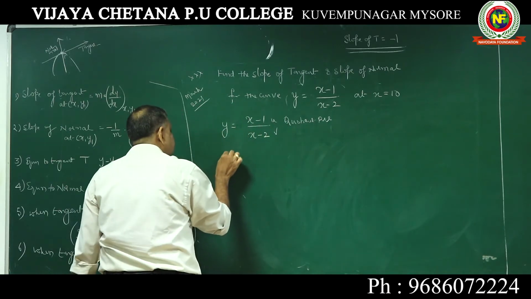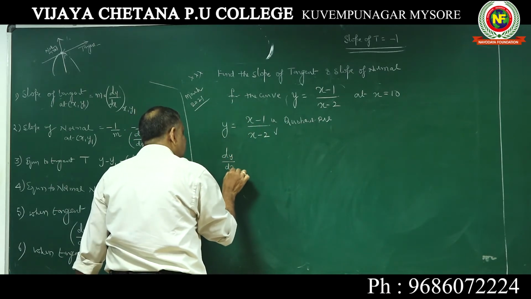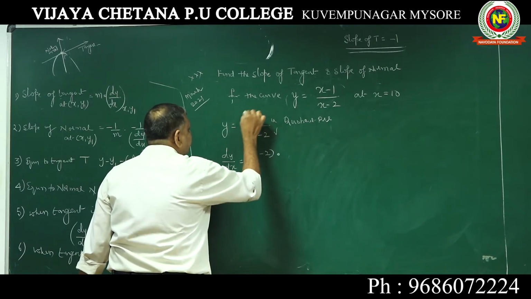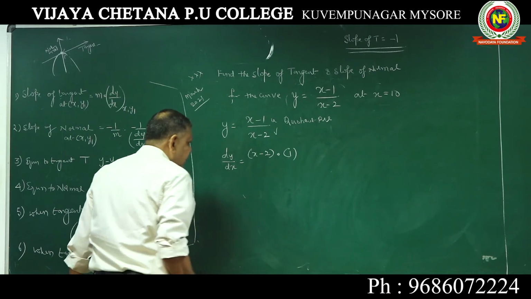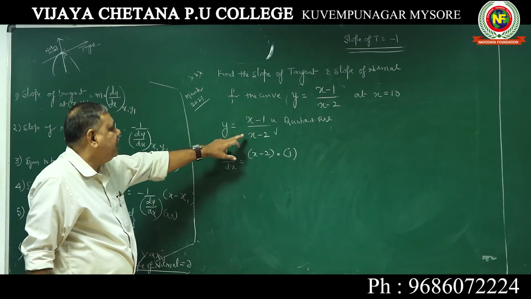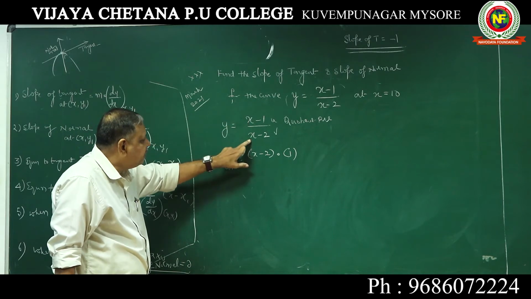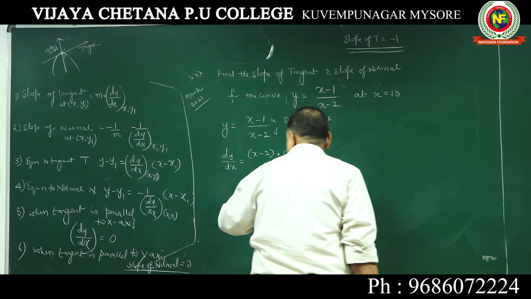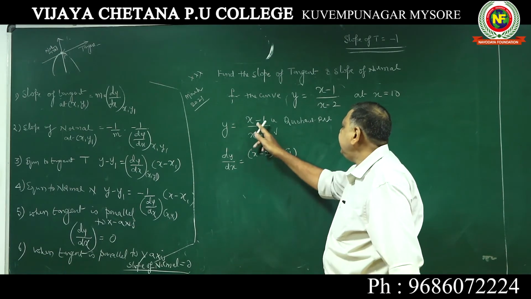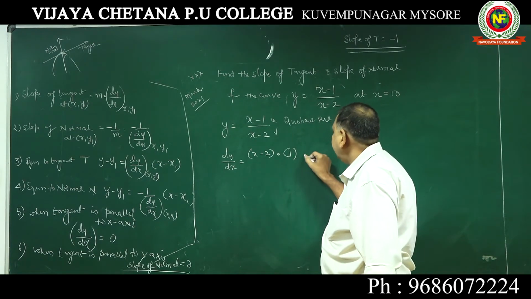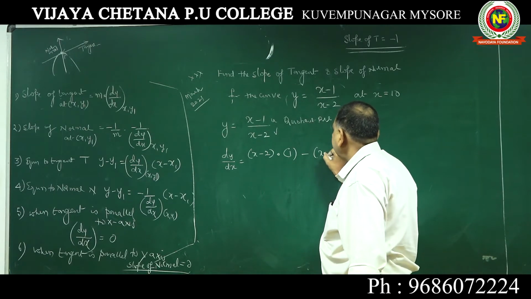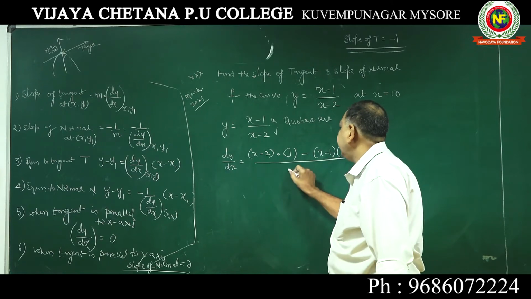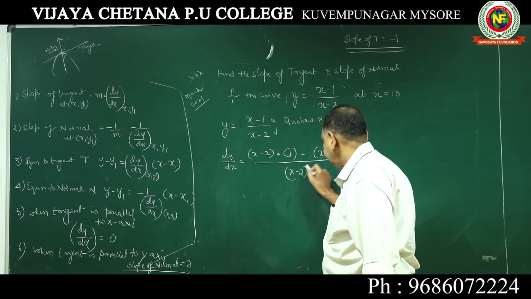When you differentiate this, dy by dx is equal to v, that is x minus 2, into d by dx of x minus 1, that is 1. Here, be careful: v into du by dx minus u into dv by dx, by v square. So v is x minus 2, into d by dx of x minus 1, which is 1, minus u, that is x minus 1, into d by dx of x minus 2, which is 1, by whole square, x minus 2 whole square.